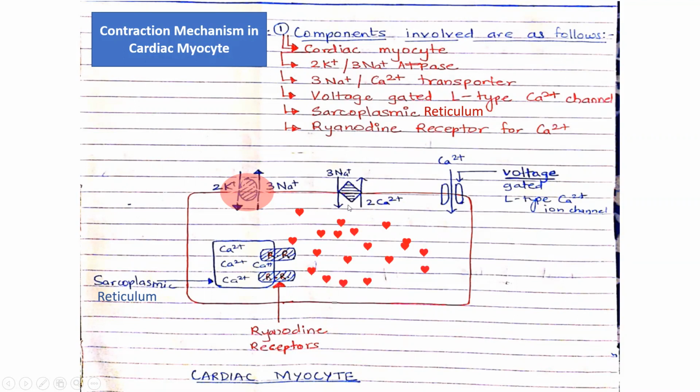Okay. So basically, now we recall again. Action potential reaches. Calcium gets an entry. Calcium induces release of calcium from sarcoplasmic reticulum. Contraction cycle begins. The contraction has to stop when the calcium will leave from this particular area.